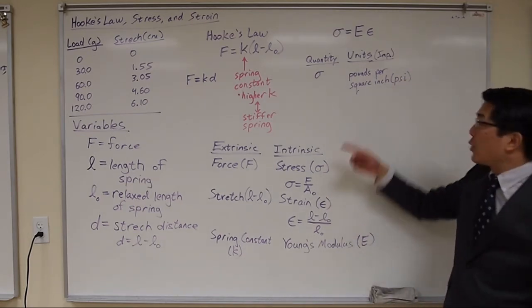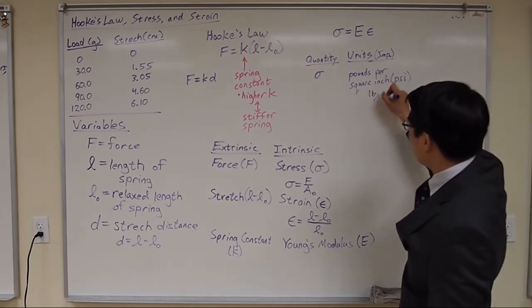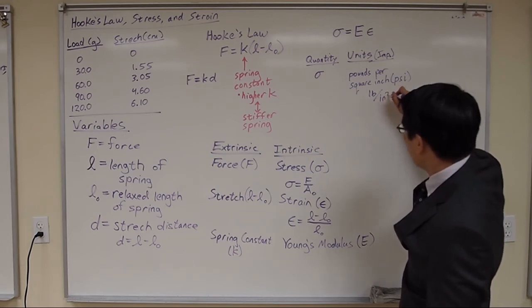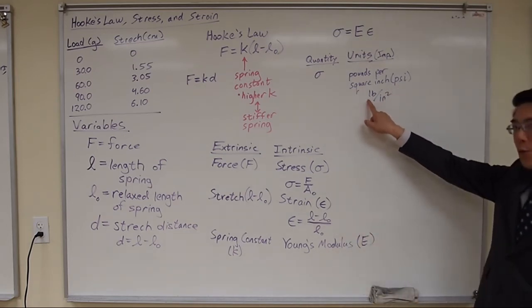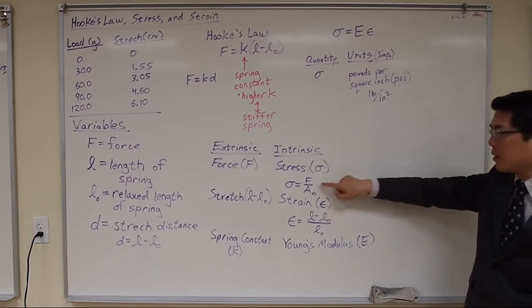And this should make sense, right? Pounds per square inch is the same thing as a pound divided by an inch squared, in other words, a unit of force divided by a unit of area.